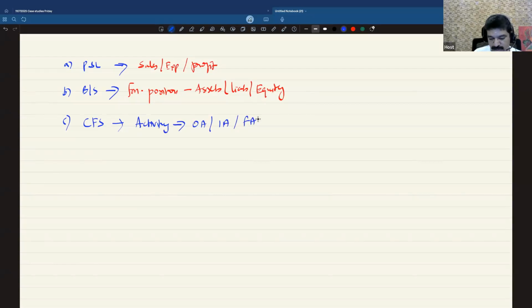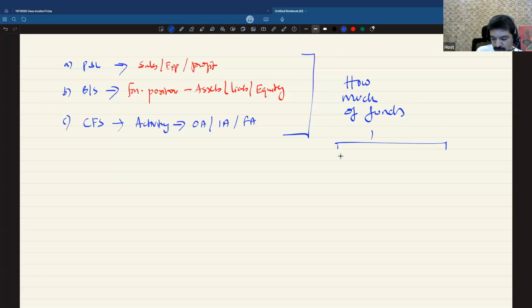These three statements are there, but their objectives are different, and they are not communicating one thing: how much of the funds have come during the year and how much of the funds have gone out during the year.